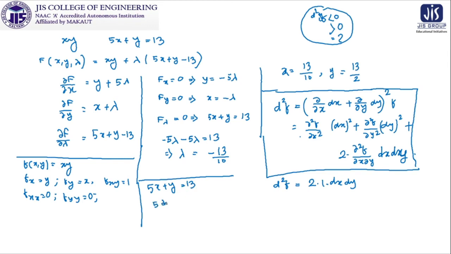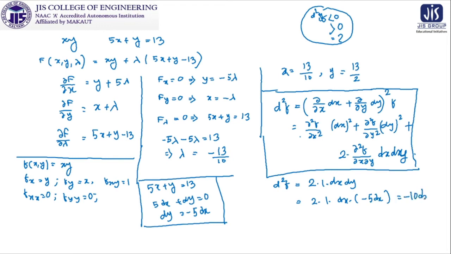So 5 dx plus dy is equal to 0. So dy is equal to minus 5 dx. We are using it here. So 2 into 1 into dx into minus 5 dx. So what we get? Minus 10 dx square.